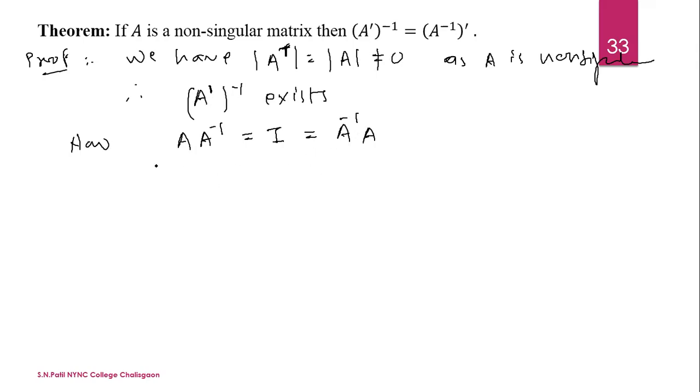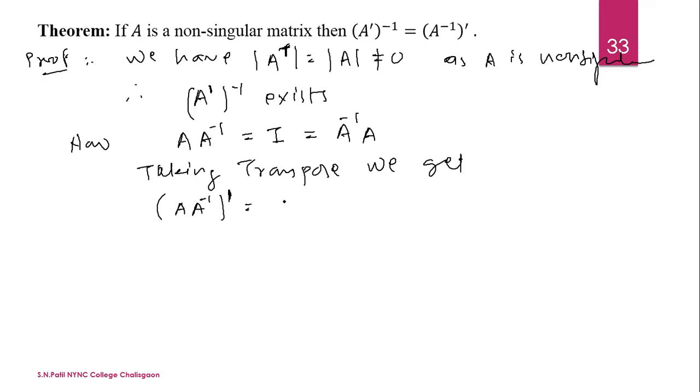Now taking transpose throughout, we get: the transpose of A into A inverse, raised to dash meaning transpose, is equal to identity transpose, which is A inverse into A, its transpose.